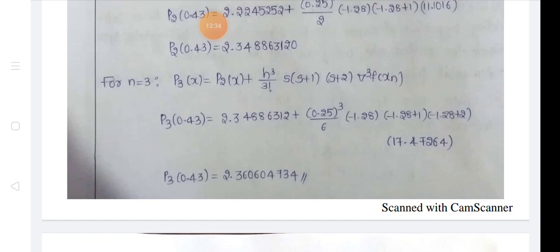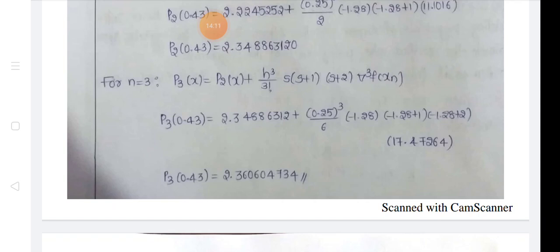Put x equals 0.43. p3 of 0.43 equals p2 of 0.43, 2.34886312, plus h cube by 3 factorial, 0.25 whole cube by 3 factorial 6, minus 1.28 into minus 1.28 plus 1 into minus 1.28 plus 2 into 17.47264.